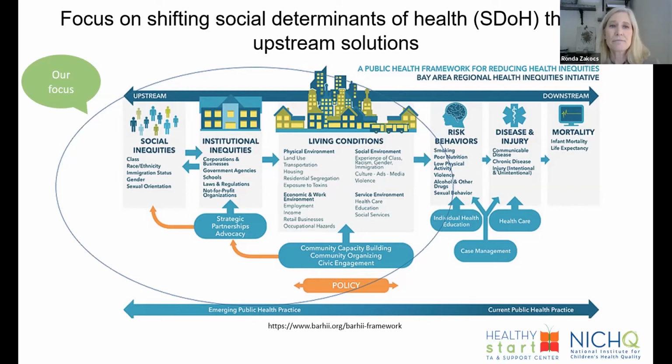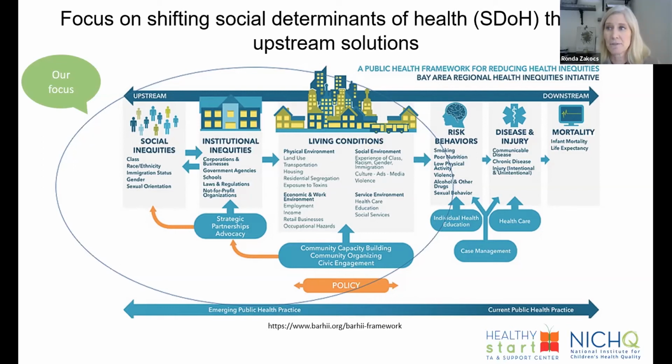And I think what I wanted just to pull out from this is we all know the Infant Health Equity Initiative here is really focusing on that circle, really focusing on the social and institutional inequities and the living conditions that, again, hold these patterns of structural inequity in place. And we really want to figure out how we can shift those conditions so that we can create better opportunities for infant health equity. Is someone going to have a question, comment?